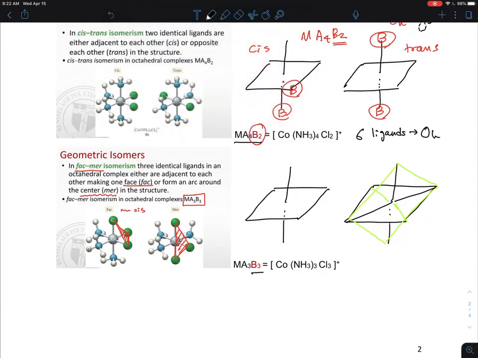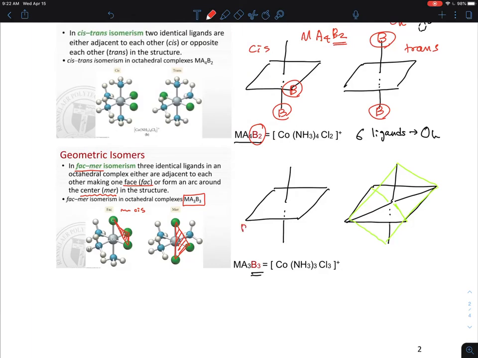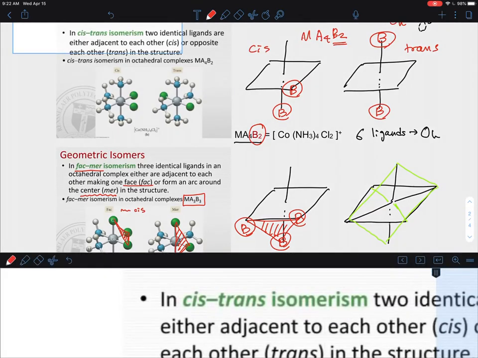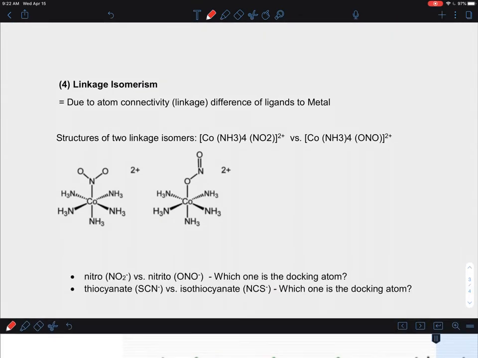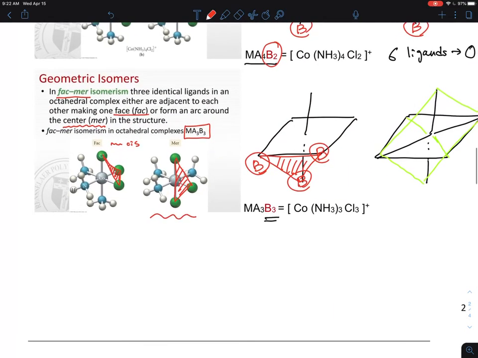Okay, when you have a B3, the three compound, you can put B here, B here, B here, right? So you can think about this as forming one of the faces of the pyramid, probably putting it upside down. Whereas, let me put a slightly different notation from what I showed up here as an MER.